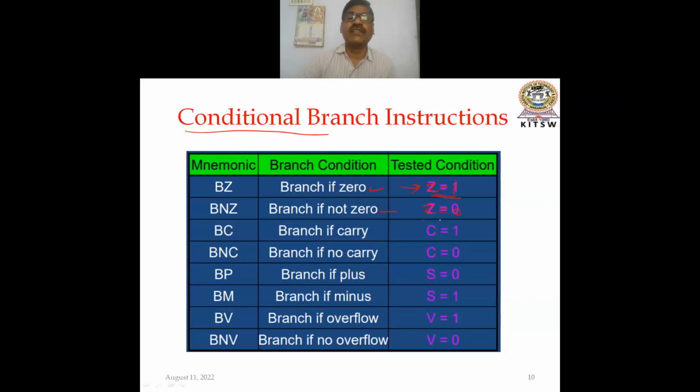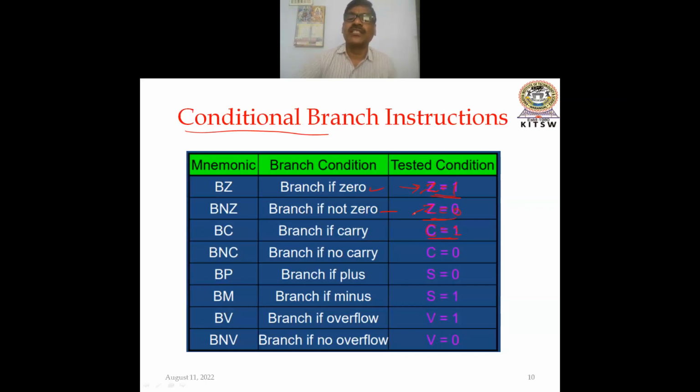That is a test condition. It will test whether the Z value is 0. If the Z value is not 0, then branching will take place. Branch if not 0. If the Z value is equal to 1, branch if 0, like that. Then branch if carry: if carry is set to 1, carry is a flag. And this is the zero flag.